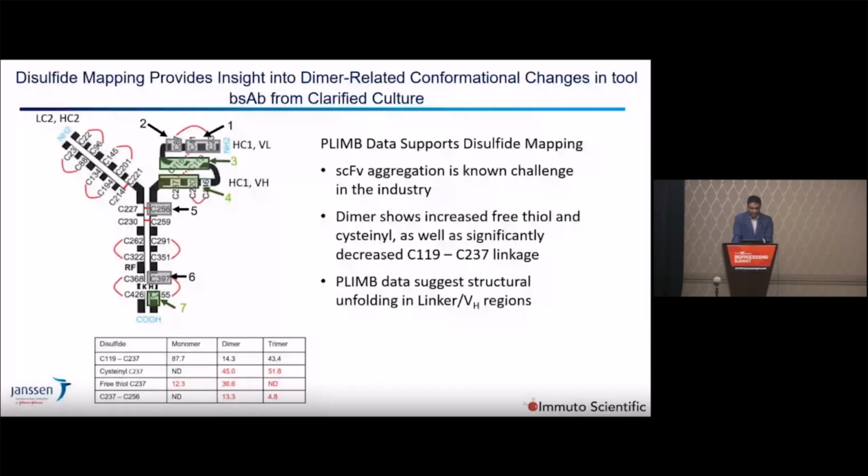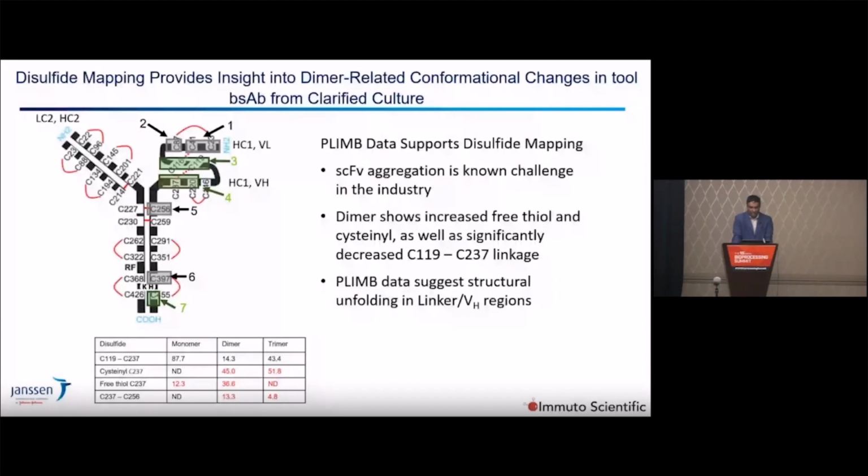In addition to the disulfides, we can also see cysteines that are cystinylated or exist as free thiols, which also indicates that those disulfide regions are either scrambled or exposed to solvent.